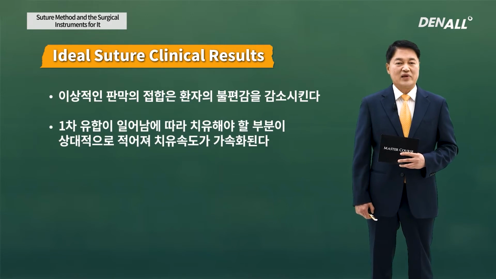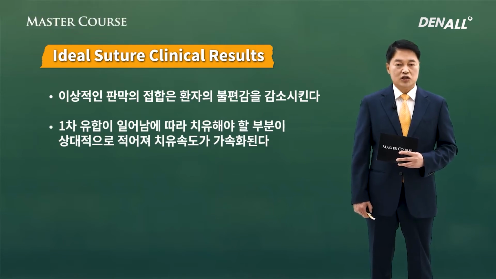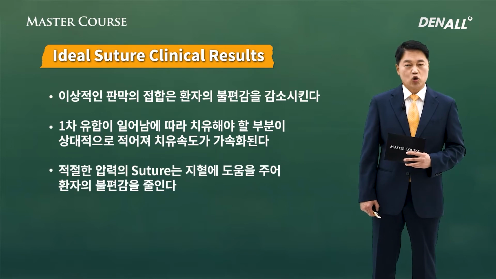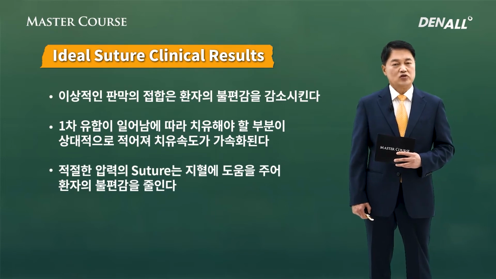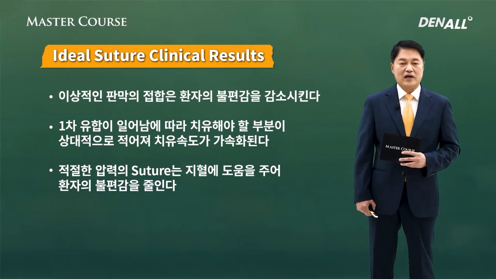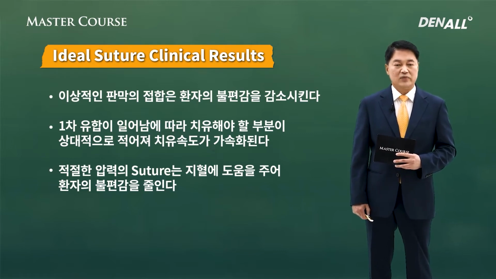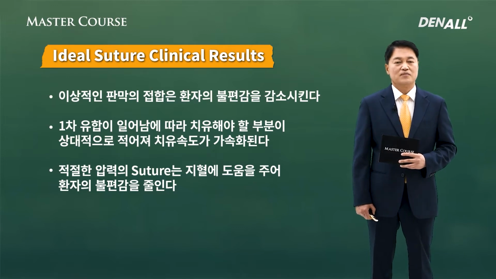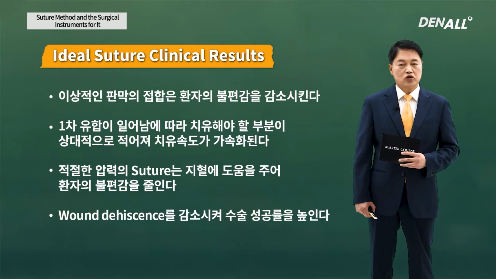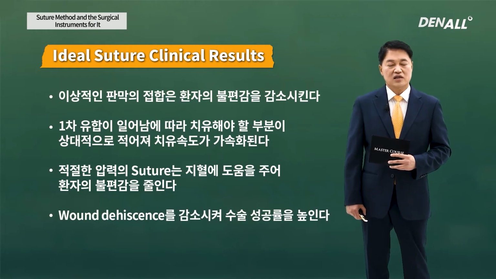With the primary closure, you have less area to be healed, thus accelerating healing speed. And suture with adequate pressure would stop bleeding, thus reducing discomfort for the patient. So this will reduce swelling and pain for patients, in other words. And it will reduce wound dehiscence, thus increasing the success rate of the surgery.